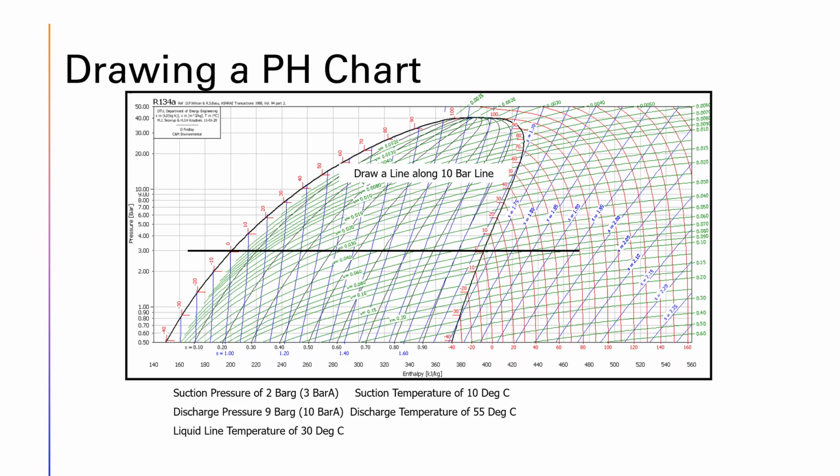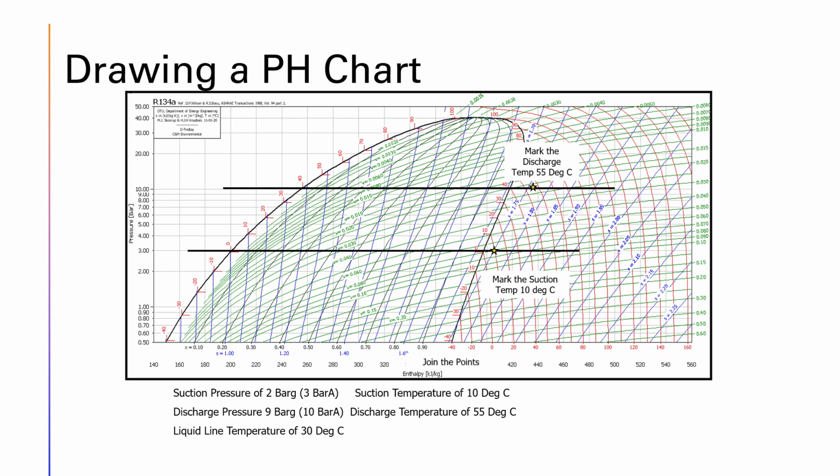And now we're going to draw a line along the discharge pressure, which is the 10-bar line. There we go. We're going to mark the suction temperature, which we've measured at 10 degrees centigrade. There it is. And we're going to mark the discharge temperature, which is 55 degrees C. So we've now put that, and then we join the points. And there you go. That's the compressor line.